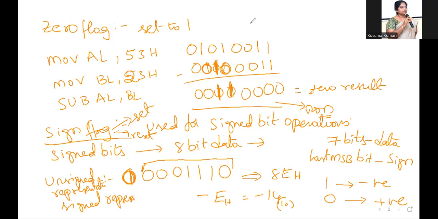Okay, so we discussed carry flag, auxiliary carry flag, parity flag, zero flag, sign flag. Okay, next one is the overflow flag.